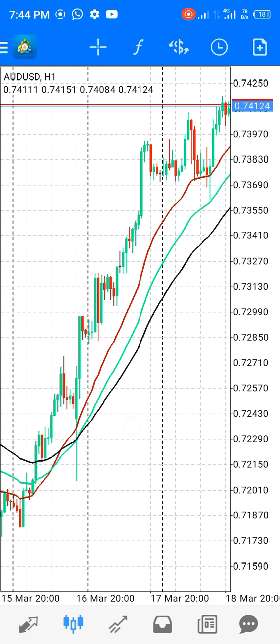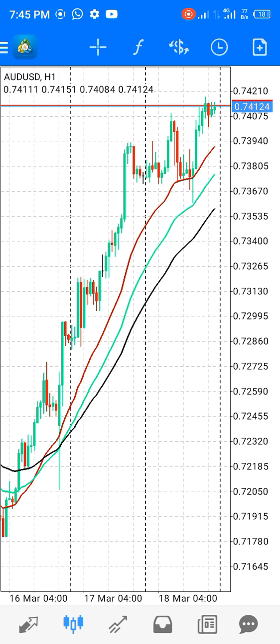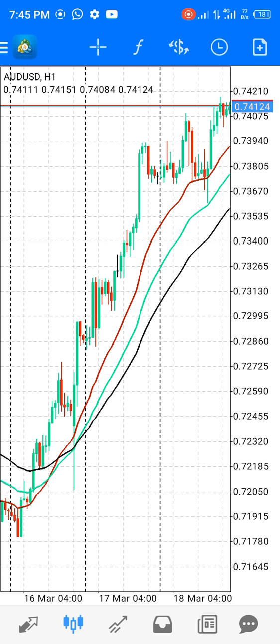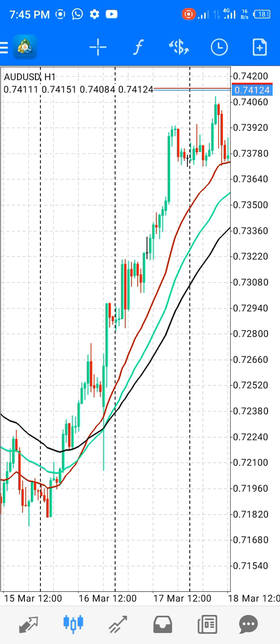In this form, we know that the black moving average is below, the moving average 34 is in the middle, and the first moving average, which is the red one, is at the front. You wait for price to pull in between the red and the green moving average. You wait for price to pull in there before you take your buy.